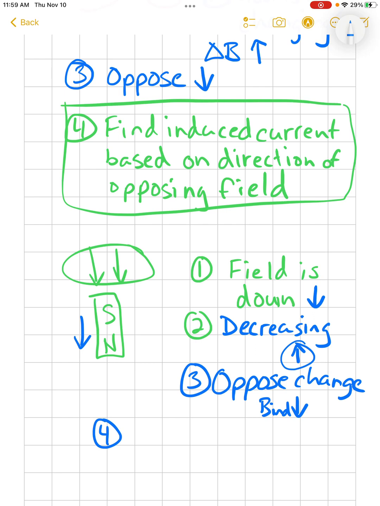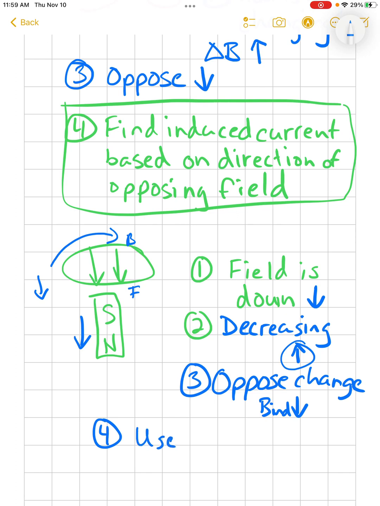And then we use our right-hand rule. My thumb is pointing down, right? And my fingers are going to curl around this direction towards the back. So this is the back and this is the front of the loop. It's going to curl from back to front, so we have a clockwise current.